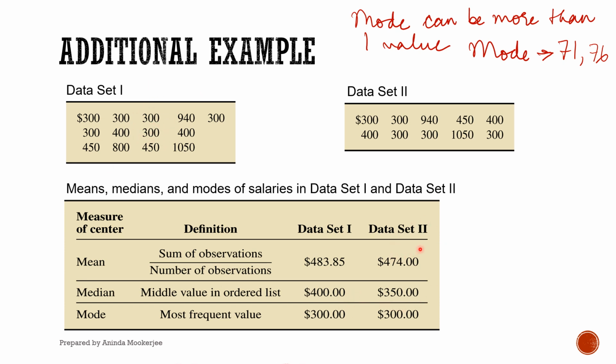For data set 2, it was 350, all right? And then mode, most frequently occurring value, is 300 for both data sets. That was the value that was occurring most frequently in both the data sets. So it's the same value for both.